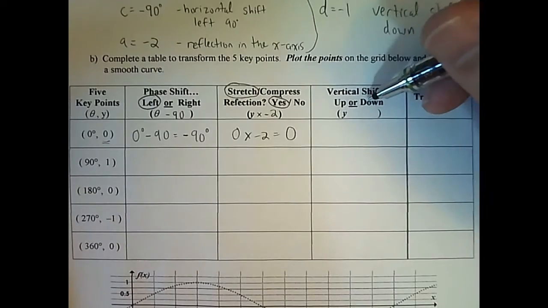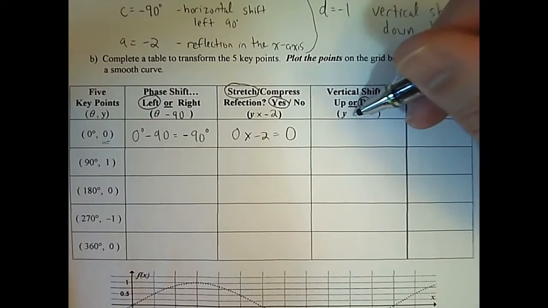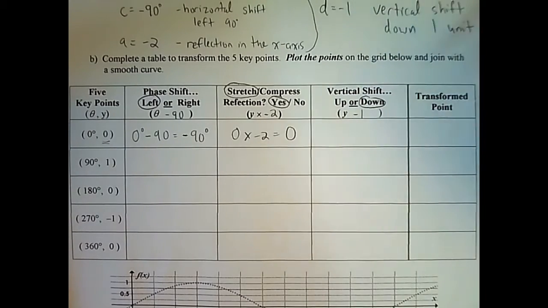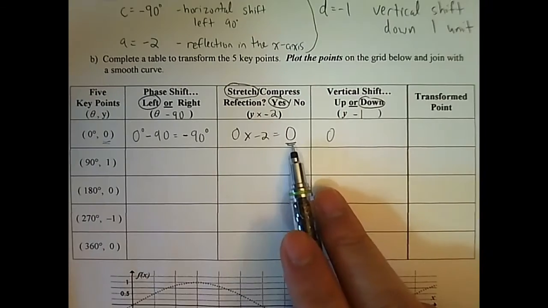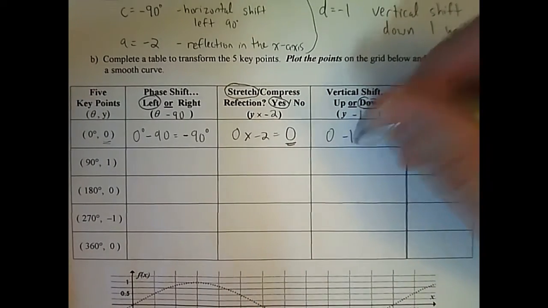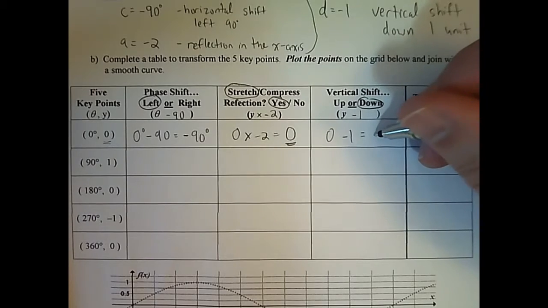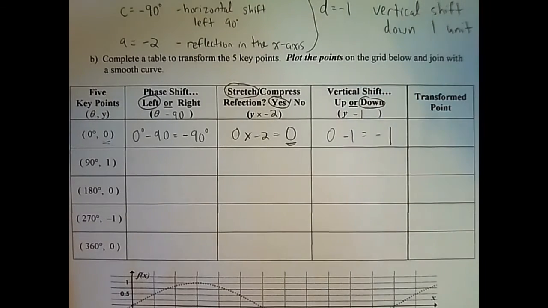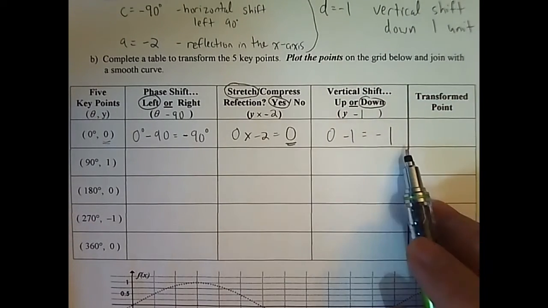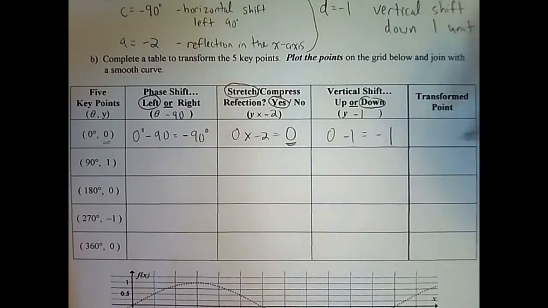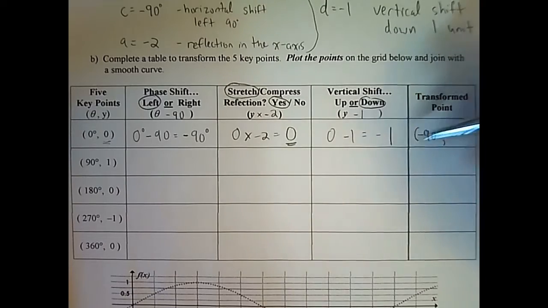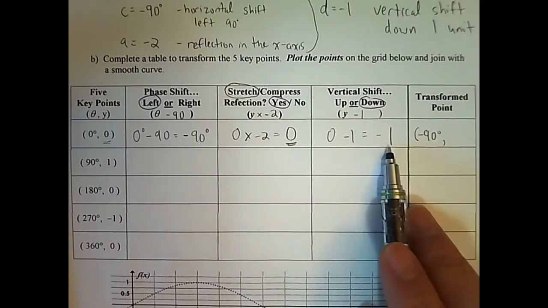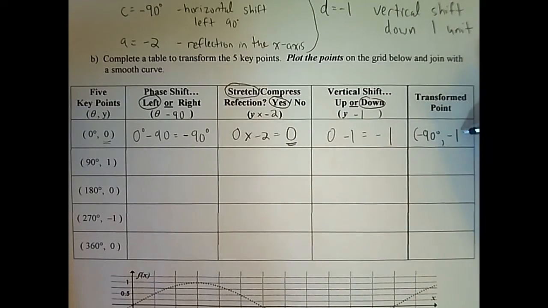We said it's a negative 1, so we're going to shift down, because it's minus 1. So we have 0, which is our value from here, minus 1, which gives me negative 1. So our new point is our new x value, which we had as negative 90 degrees, and our new y value, which is the negative 1 here.